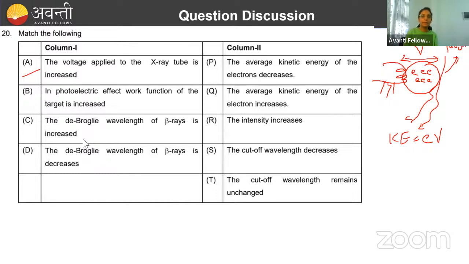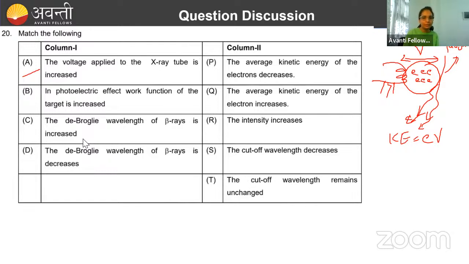Intensity का मतलब यहाँ पे क्या हो सकता है? अगर हमने X-ray tube के अंदर voltage को बढ़ाया, so it's talking about what will happen to the intensity of the wave that is getting generated, right? The electromagnetic wave gets generated. Its intensity increases means more light will get generated. How is it possible?